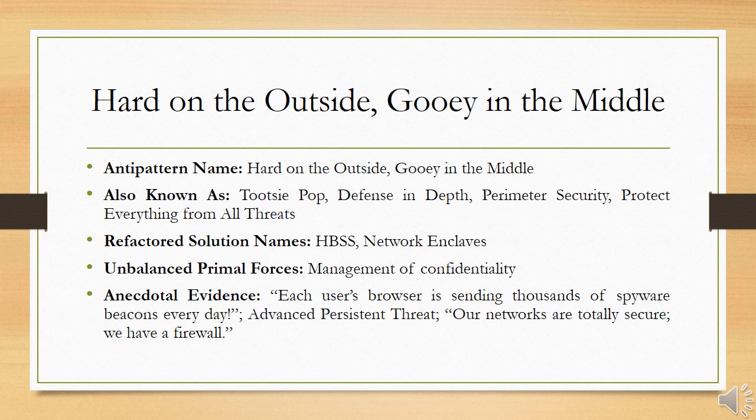Refactored solution names: HBSS, network enclaves. Unbalanced primal forces: management of confidentiality. Anecdotal evidence: each user's browser is sending thousands of spyware beacons every day. Advanced persistent threat. Our networks are totally secure. We have a firewall.